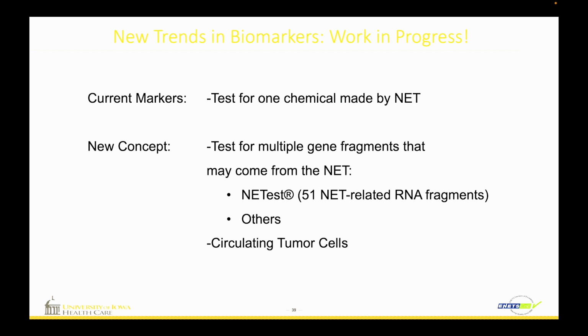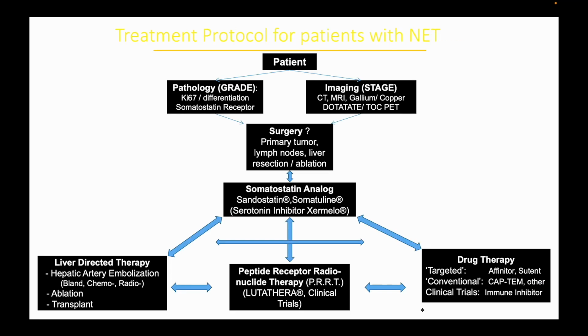One of these tests, which measures 51 different pieces of genetic material, is called the NET test. And while it's not currently recommended by the major organizations, there's increasing evidence to support its use as a tumor marker.